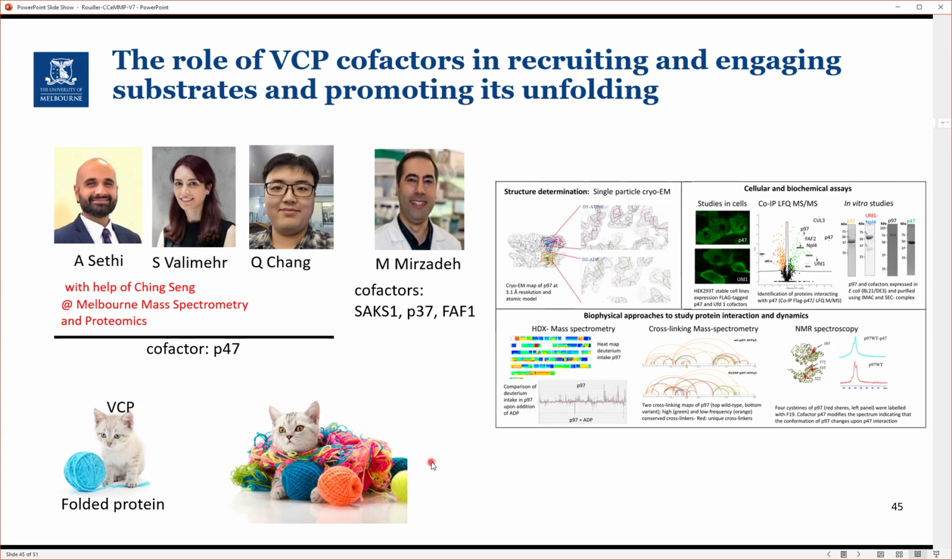I won't have time to present the work on cofactors today. Hopefully I'll be able to show that to you at some other stage. But just to tell you that it's very important. Just imagine VCP unfolding protein, and if unfolding does not happen in a regulated fashion, you will get a real mess very quickly.